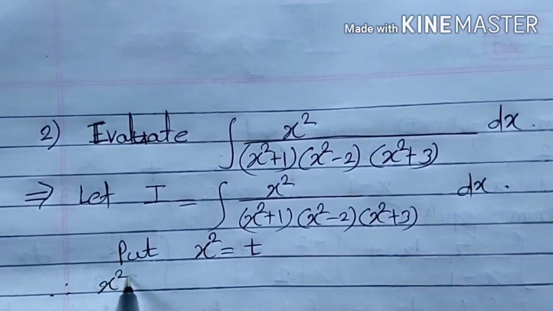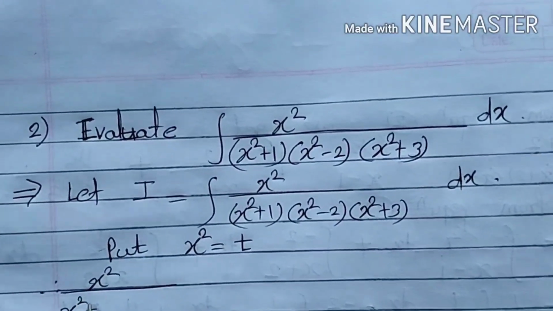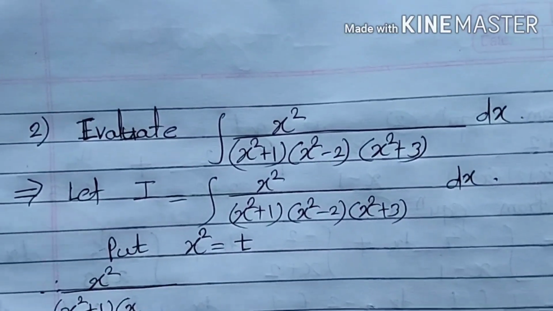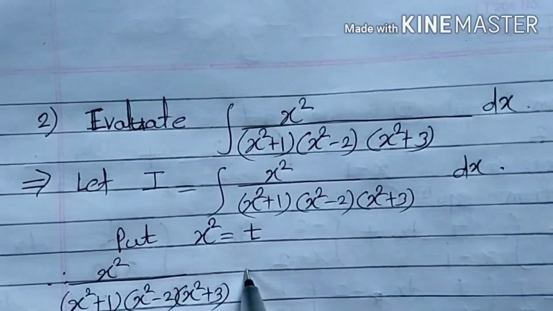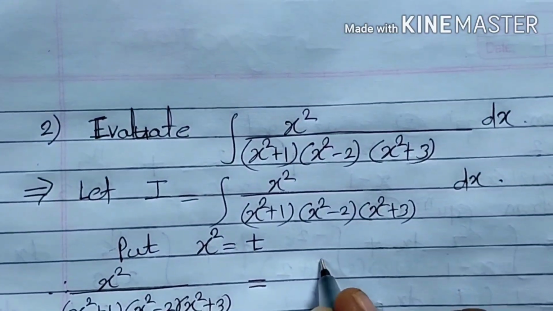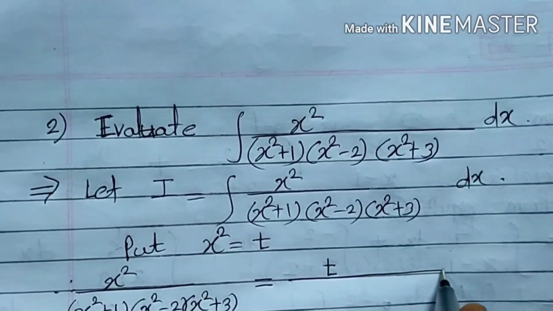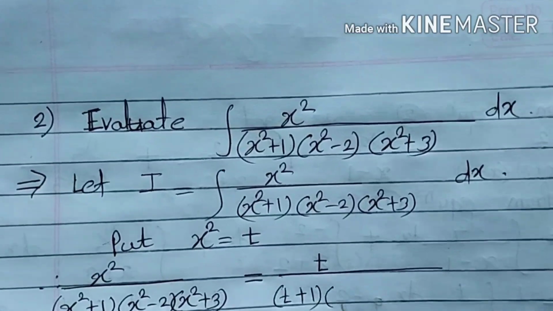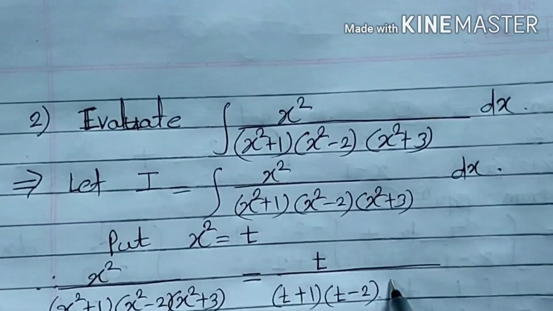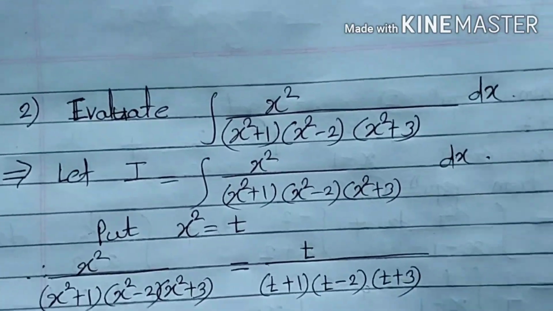Therefore x square upon x square plus 1, x square minus 2, x square plus 3 is equal to, instead of x square you can put here t, so it is t upon t plus 1, t minus 2, t plus 3.